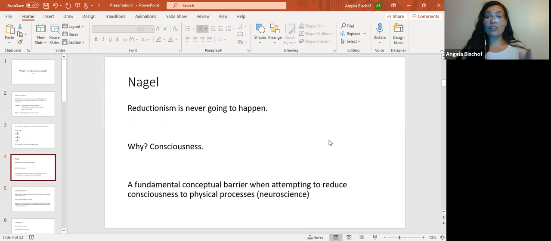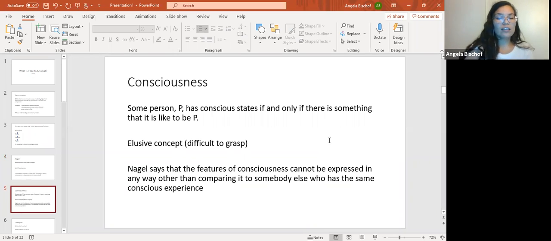No, Nagel has an extremely strong claim here, and he says that it will never be reducible because there is a conceptual barrier to the reduction of consciousness to physical processes. And because it's a conceptual barrier, it's not a matter of our human limitations. It's a matter of what consciousness actually is, and what reductionism entails.